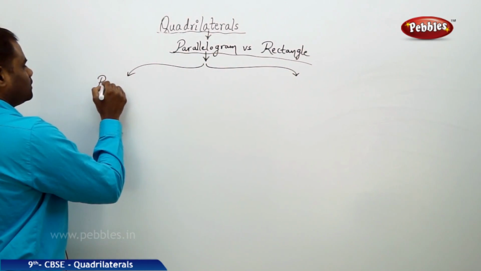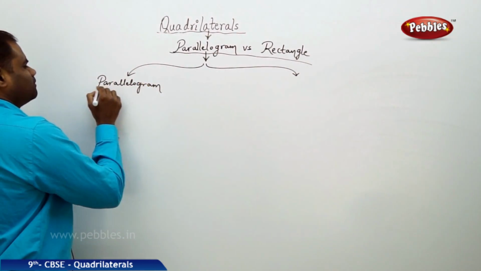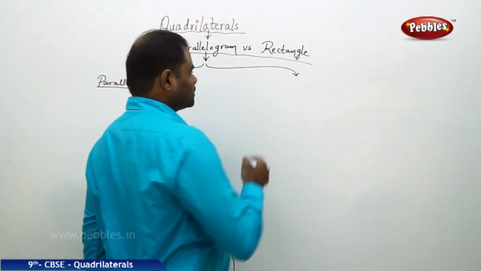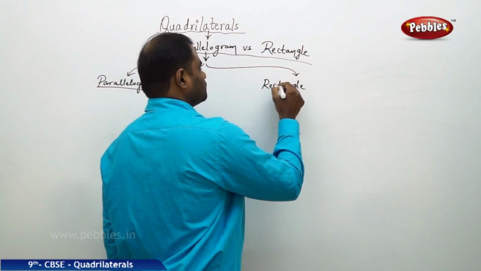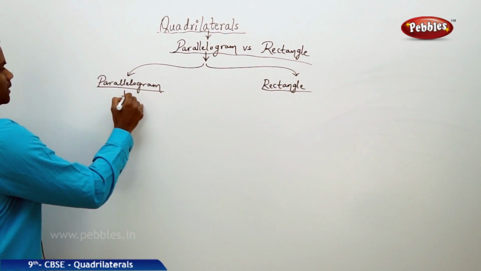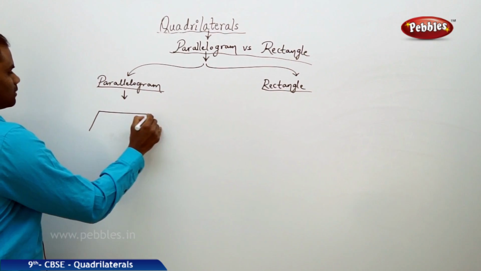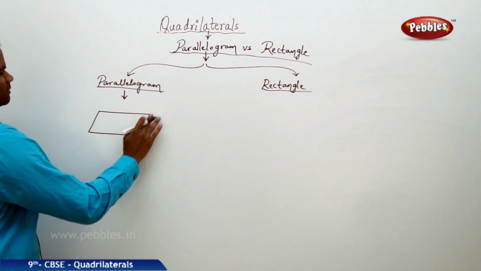So here I consider a parallelogram, and in this column I consider a rectangle. Now we know that a parallelogram is in the shape of a sleeping or a slanting rectangle.